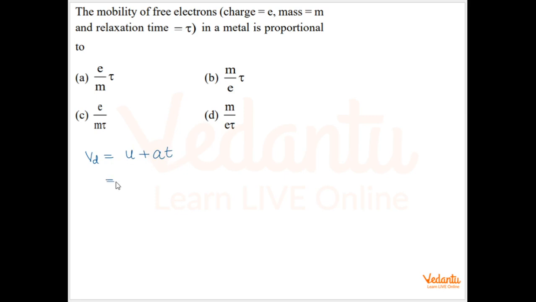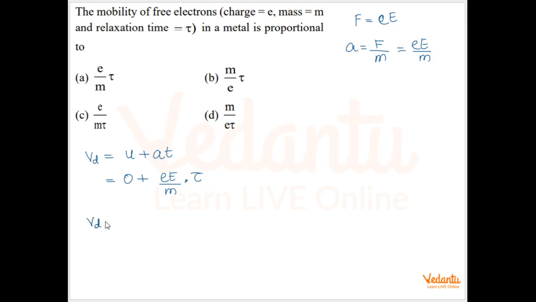Here I will assume that after a collision, the average velocity of all electrons will become 0 and the acceleration of an electron is eE by m. Because remember, beta, force on an electron will be equal to charge into electric field and acceleration will just be force by mass, which will just be eE by m, and time taken beta we will just take as relaxation time tau.